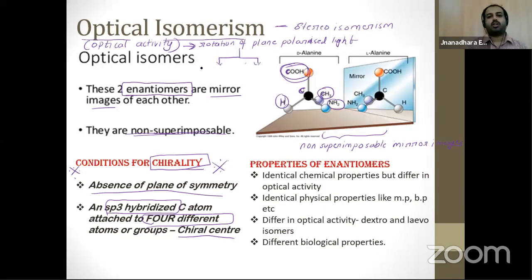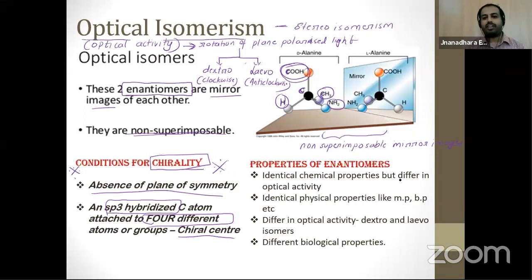Dextro isomer, which is clockwise rotation. Then you have levo, which is anti-clockwise rotation. Easy. That is the basics of optical isomerism, and these are some important properties of enantiomers.